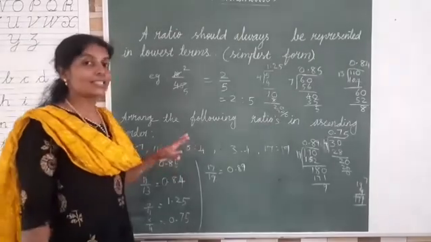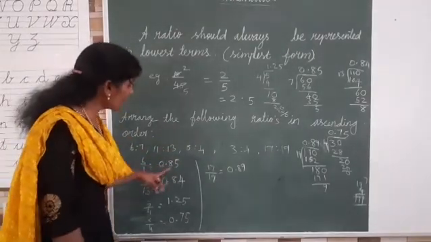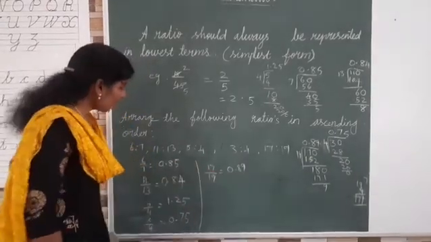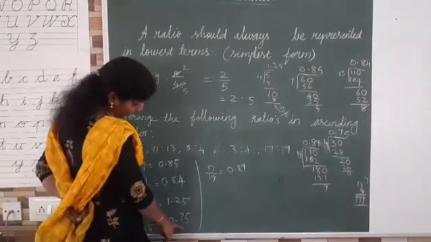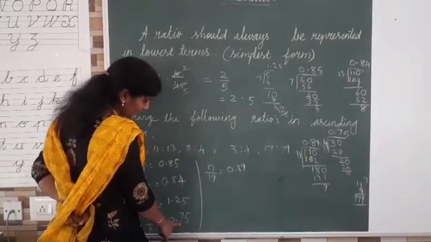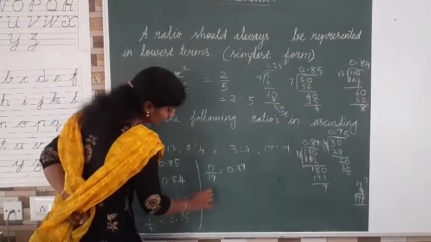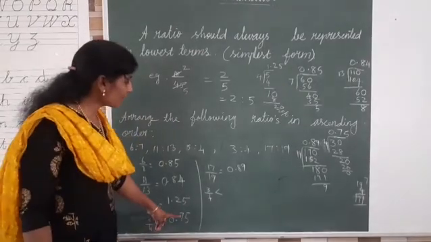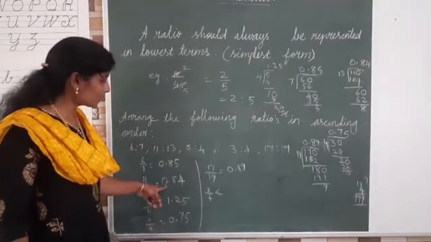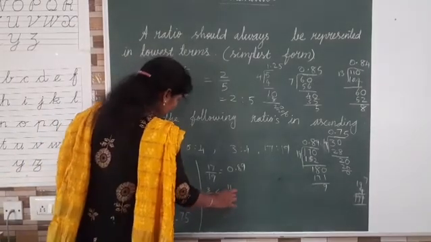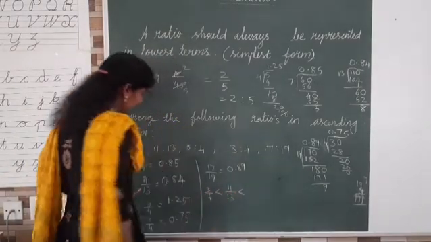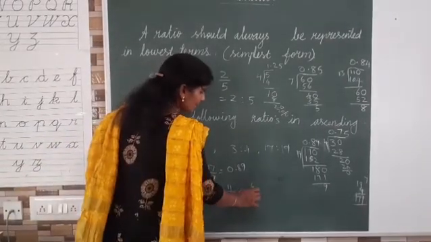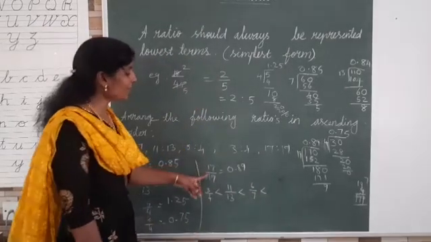Now listen here. Which is the smallest number? 0.85, 0.84, 0.75, 0.89. Now 0.75 is small, isn't it? 0.75. So 3 by 4 is less than 0.84, isn't it? 0.84, so that is 11 by 13, less than 0.85, 6 by 7, less than 17 by 19, isn't it?